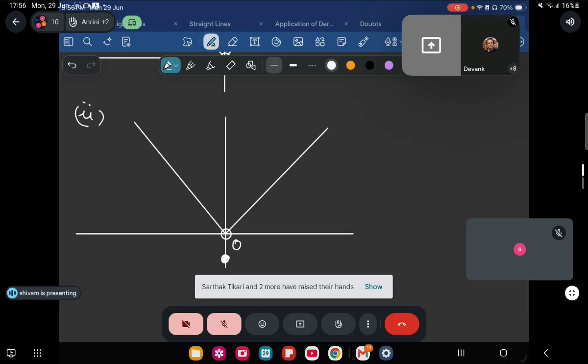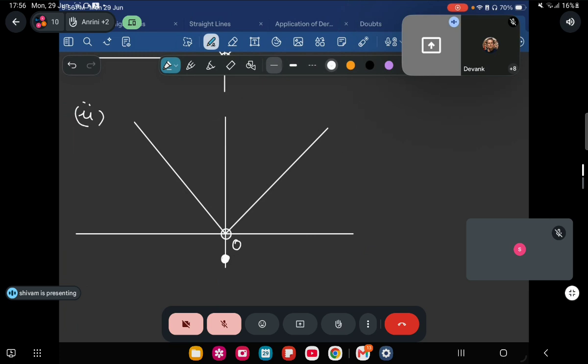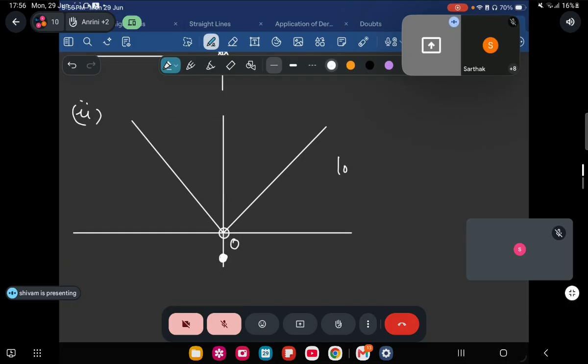Okay, Sarthak, tell me. Local minima. Very good. Memel, you are not answering any question. You didn't understand the meaning of local minima, local maxima?